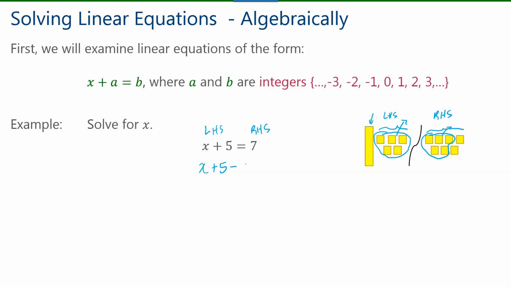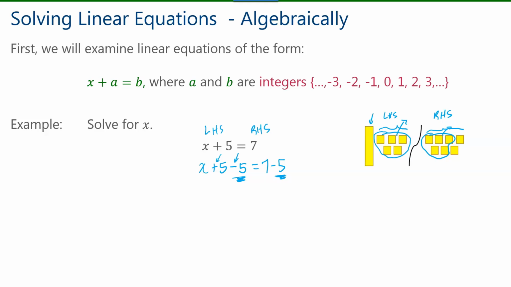We took away 5 positive unit tiles. And whatever I do to one side, I have to do to the other. So if I subtract 5 on the left, I have to subtract 5 on the right. The idea of the inverse or opposite operations to point this out. So to get rid of a plus 5, I have to do the opposite, subtract 5.